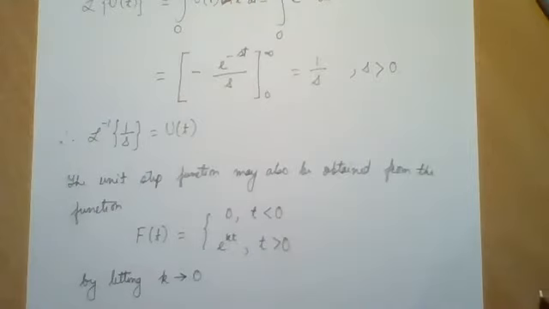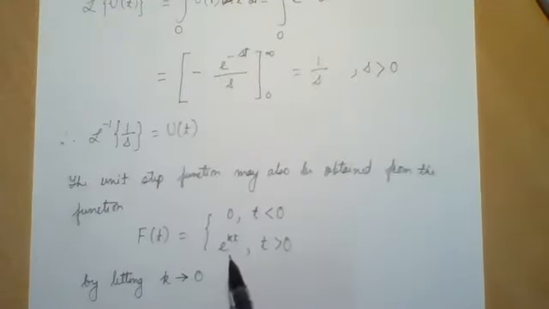So when k tends to 0, this becomes 1. So the unit step function can also be obtained from this function by letting k tend to 0.